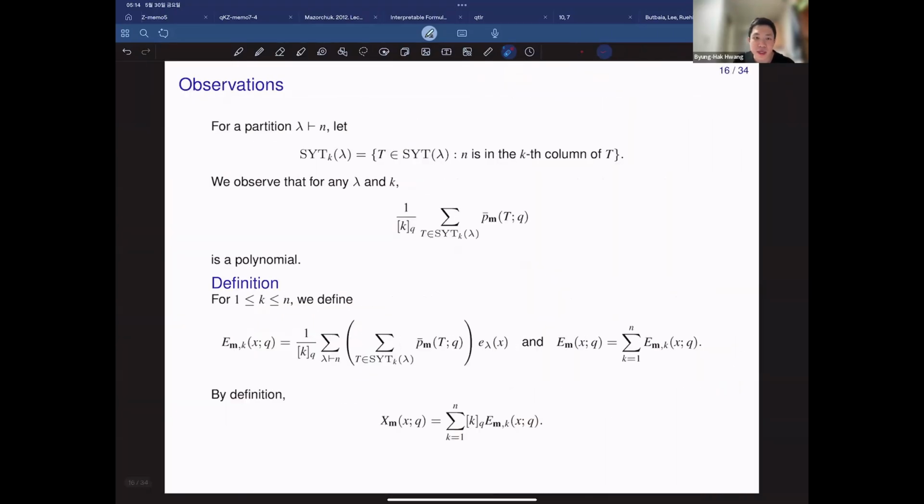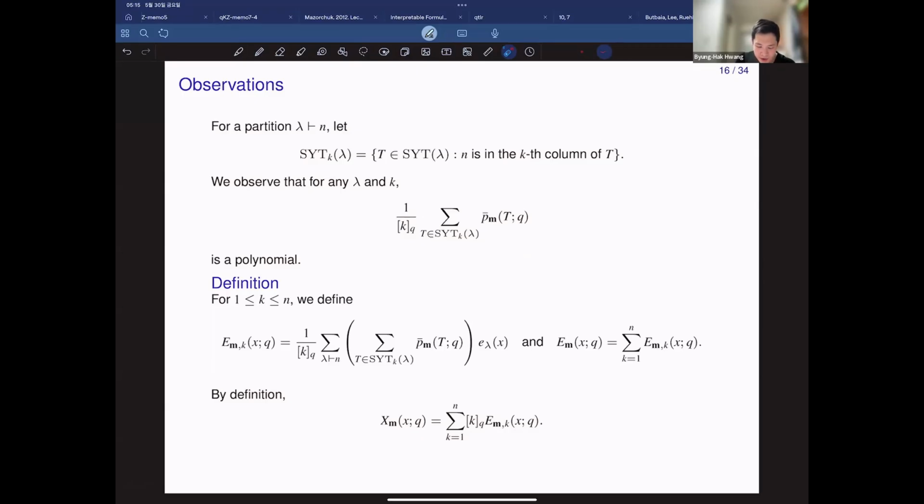Using this observation, we can define this set. SYT sub k of lambda is the set of standard Young tableaux of shape lambda whose largest entry n is in the k-th column of T. Then from the previous observation, we have that this one is a polynomial.